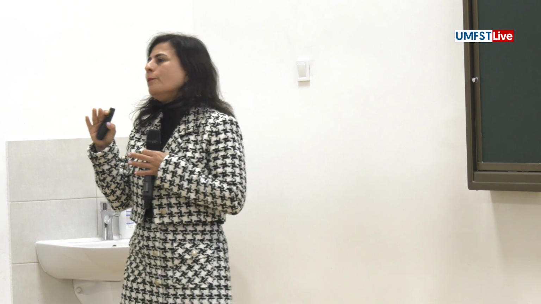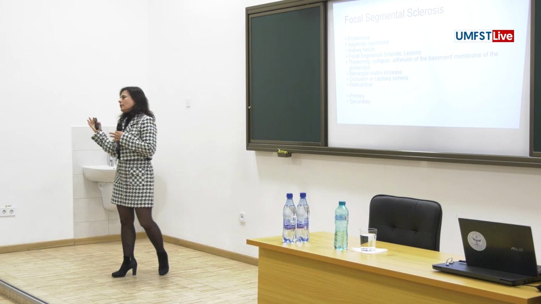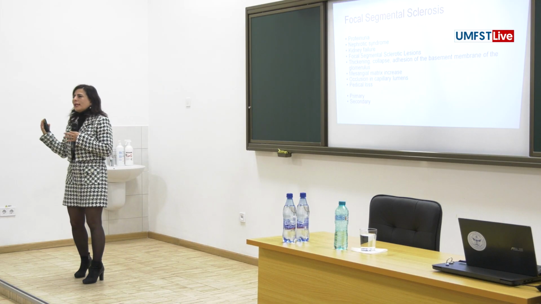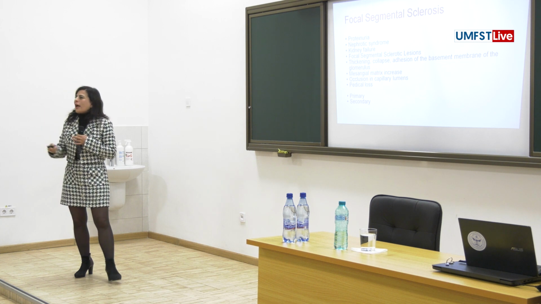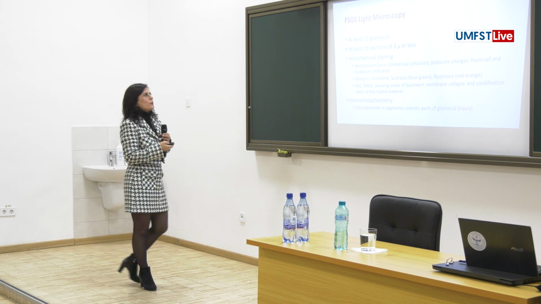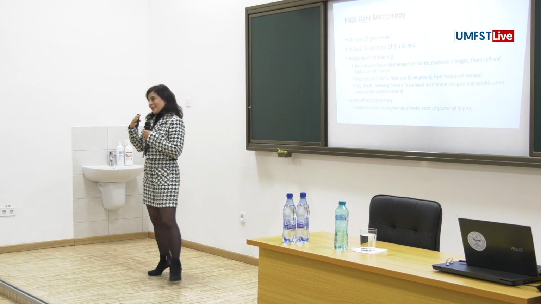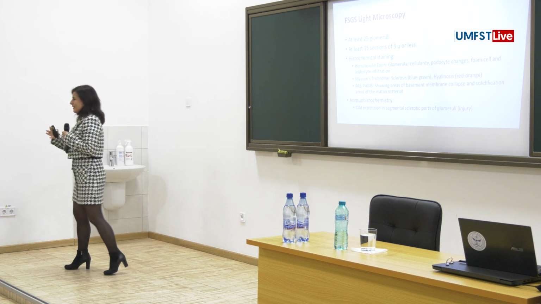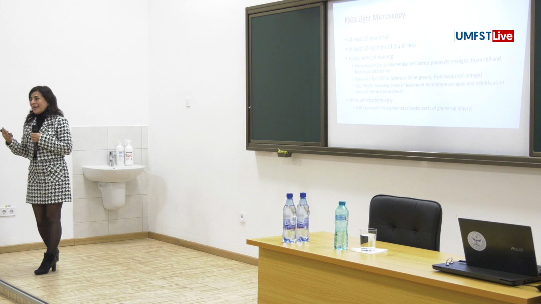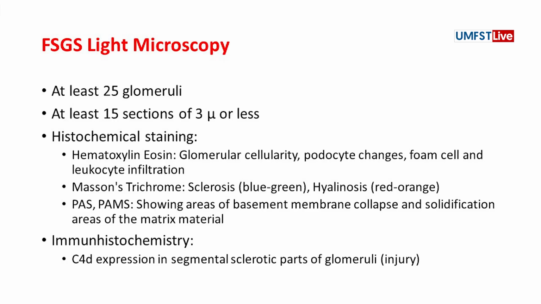But if we see the change only in the glomerulus, we usually prefer to tell the clinician, you have to look for genetic change, and it may be a primary focal segmental glomerulosclerosis. It's different in our routine in FSGS. It should be more than 10 usually, if we want to say it is not focal segmental glomerulosclerosis. But if you see one, it's enough to say it's an FSGS.